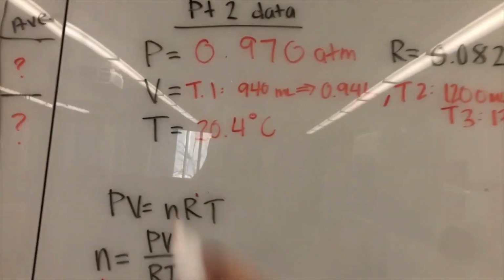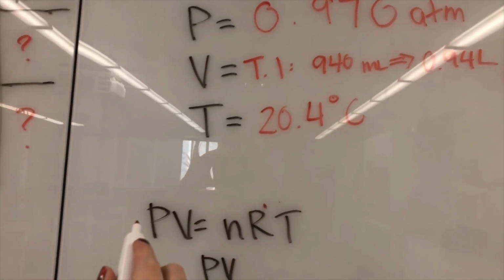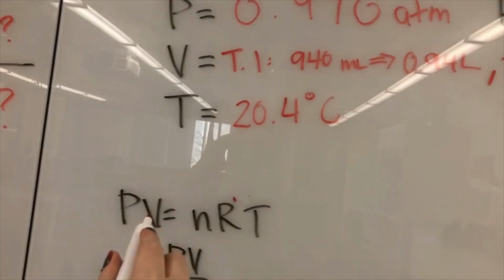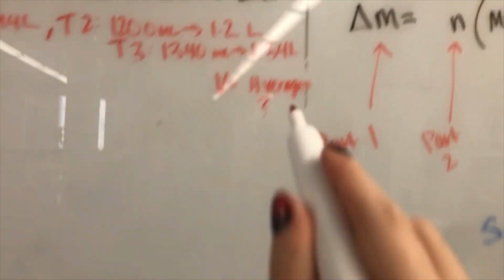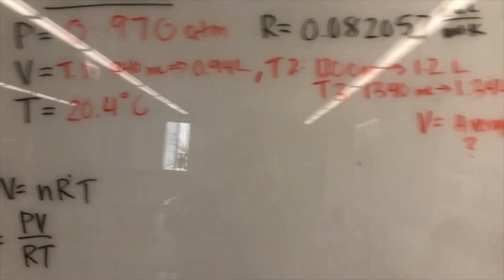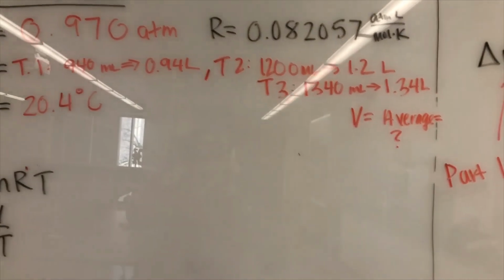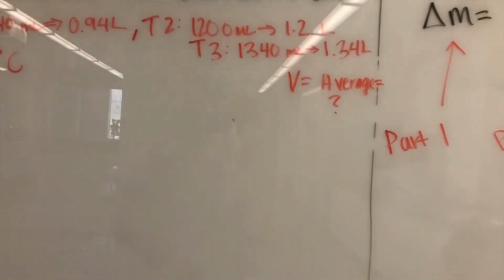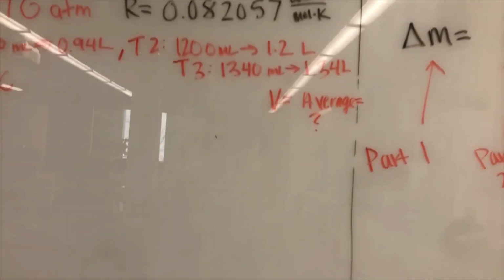Okay, so now we're ready to bring this all together. We have the pressure, 0.970 ATM, the volume, which you guys will calculate, which will be the average of these three values, 0.94 liters, 1.2 liters, and 1.34 liters.